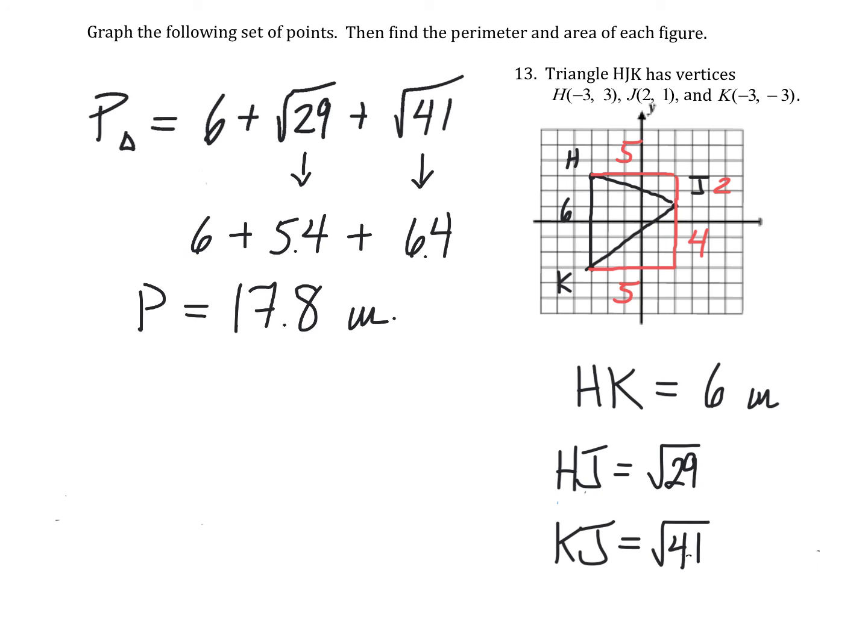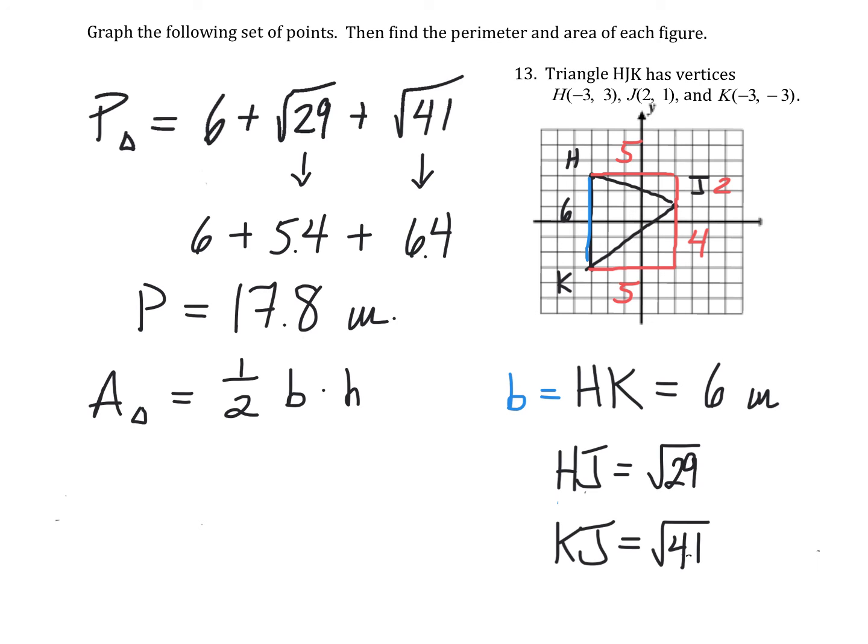Now we need to figure out the area. Just to recall, my formula for the area of a triangle is 1/2 base times height. In this case, I'm going to treat HK as the base. If that's the base, I want to figure out what is the height of my triangle.